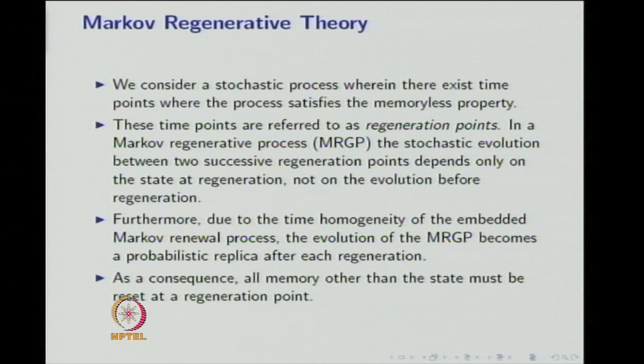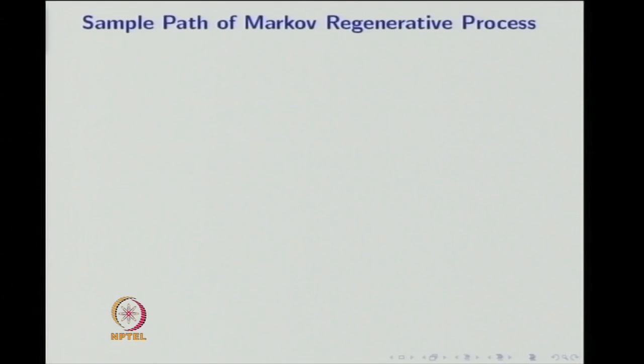Also, since between any two arrivals the same pure death process operates, the arrival points become regeneration time points. Now, we are going to consider the sample path of a Markov regenerative process. Through that, I am going to explain the regeneration points.